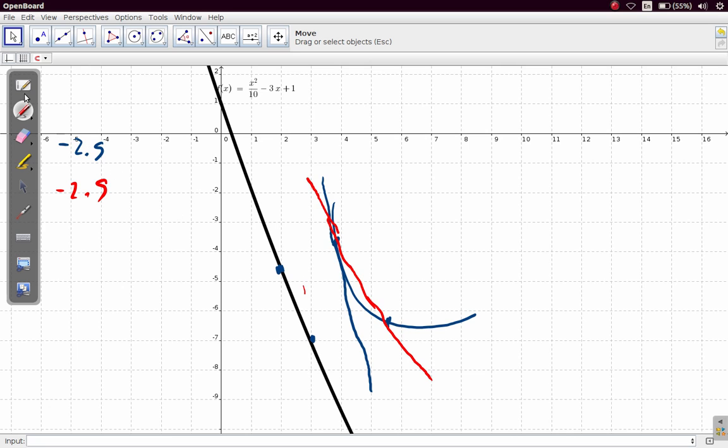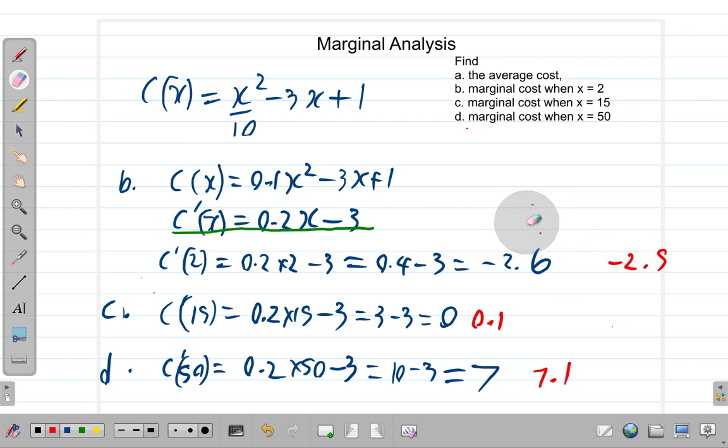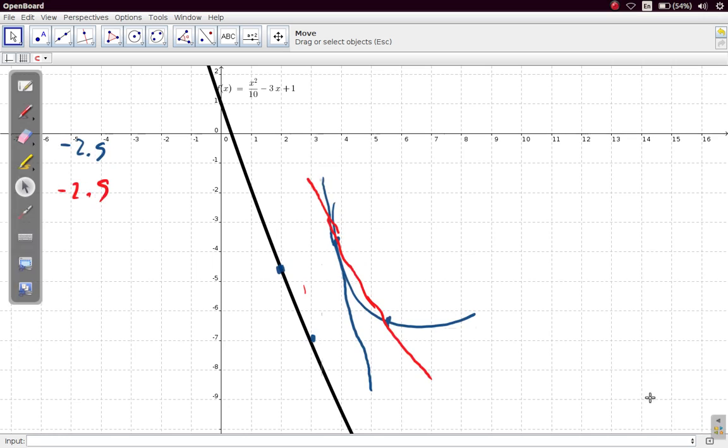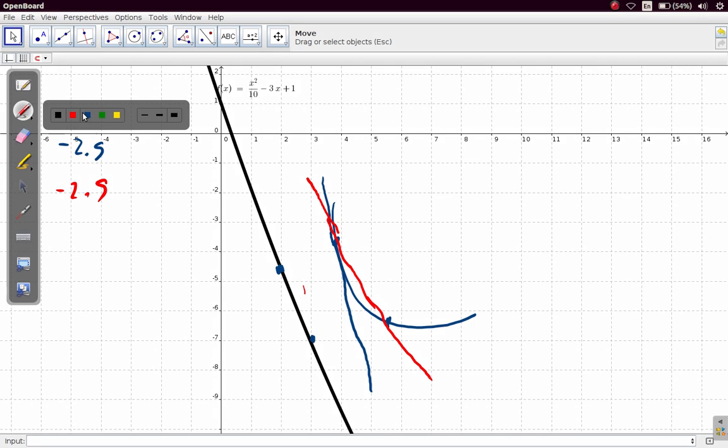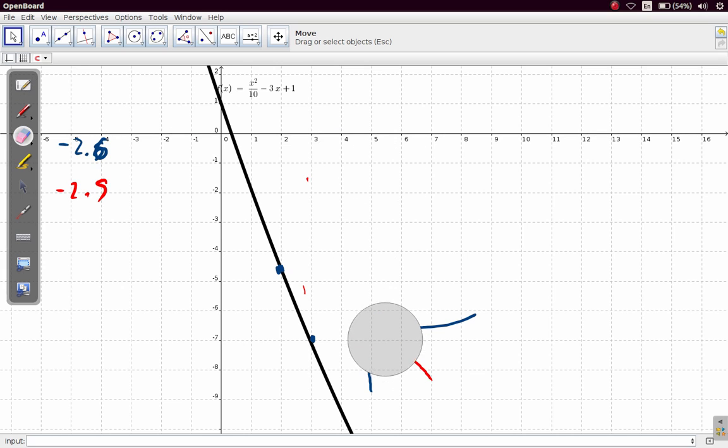Now, we had negative 2.6. The blue should have been negative 2.6. Right, negative 2.5. This was negative 2.6. The one that we got, the line that we got. Alright, let me erase this and redraw it.